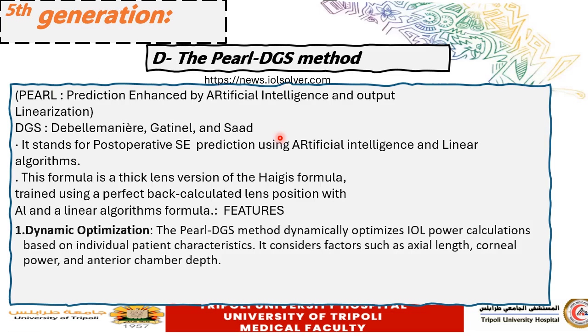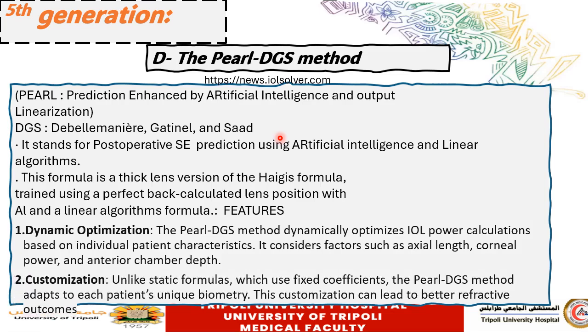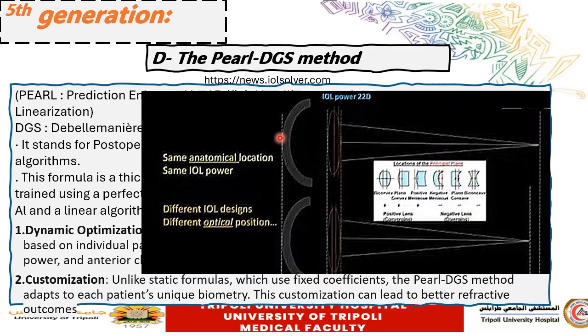It is meant to solve the problem of the geometric property of the IOL and its relation with the optical results, so that you might have two lenses with the same power, the same geometry, and the same refractive index, but they have different optical results because of their different anatomical relation to the cornea.